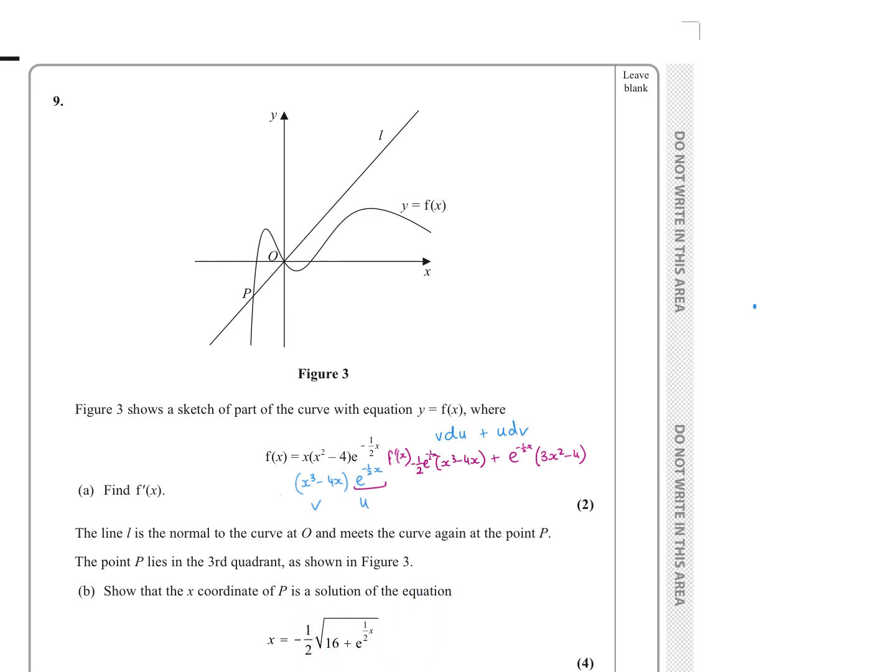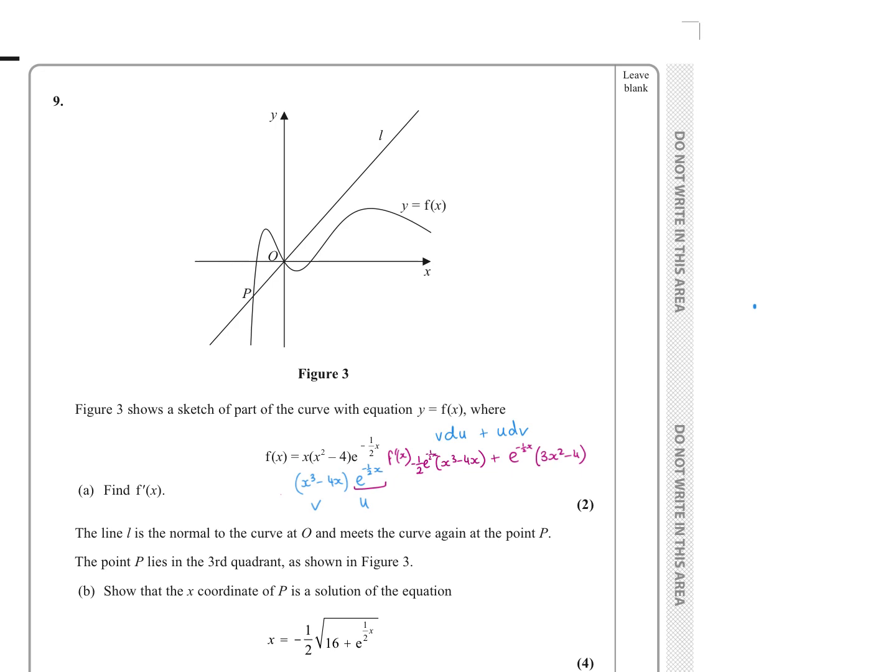Well, first of all, how do we do that? We know that P intersects them both, okay? First, though, we need to find out what the gradient is because it says the point P is also on the line L, which is normal. So we know this is the gradient function.